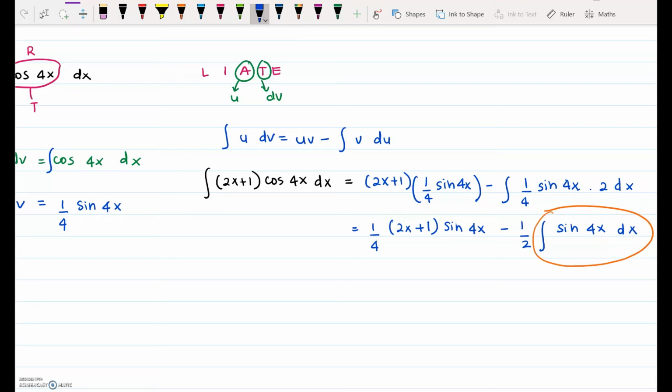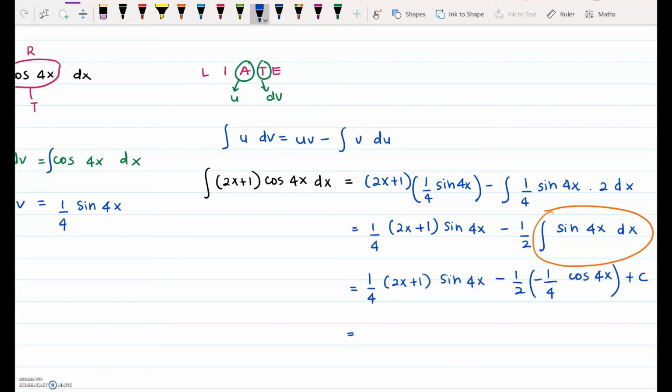Now simplify, and we get 1 over 4 times 2x plus 1 sine 4x, and then minus 1 over 2 integration of sine 4x, you will get 1 over 4, and then integrate sine, you will get negative cos 4x, don't forget plus c.